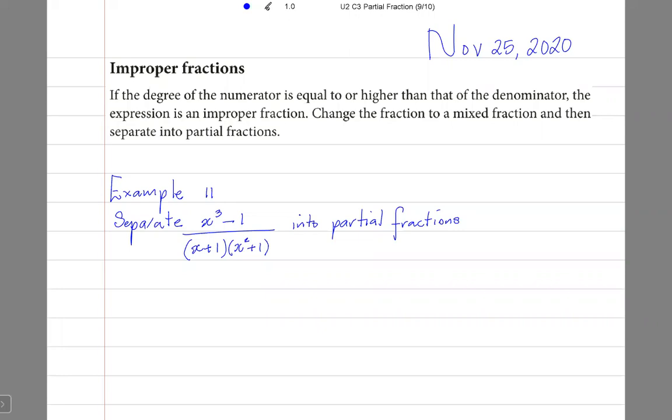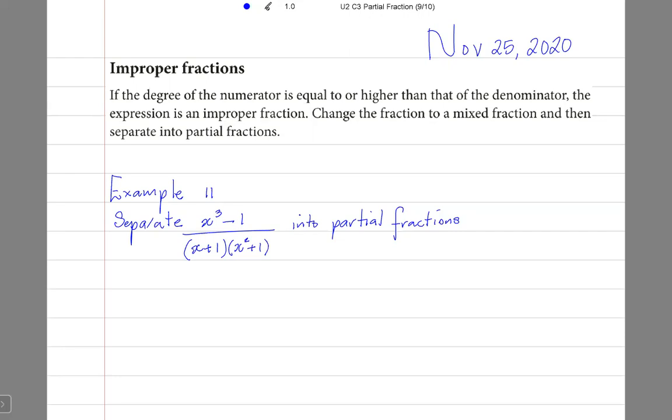We looked at proper fractions with unrepeated linear factors, with repeated linear factors, then with unrepeated quadratic factors, and then with repeated quadratic factors. After covering all of that, we're now ready to look at improper fractions.